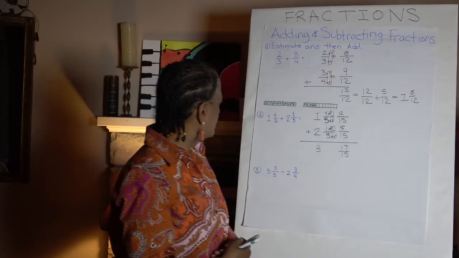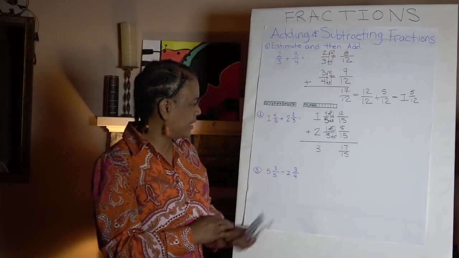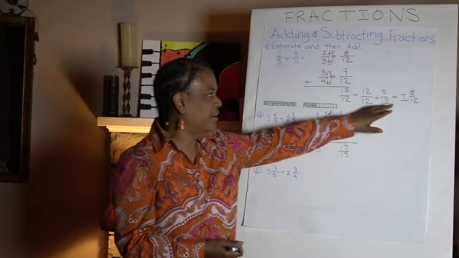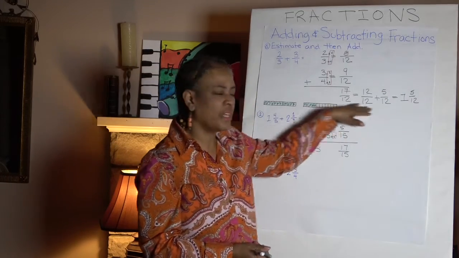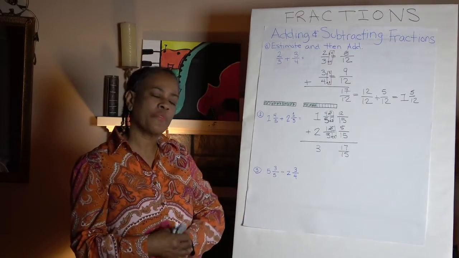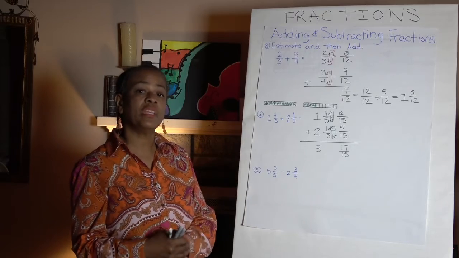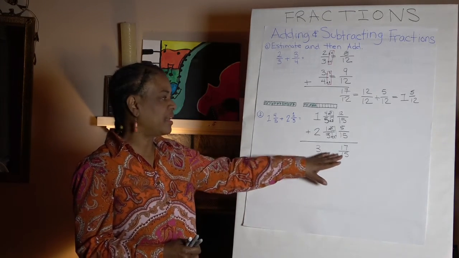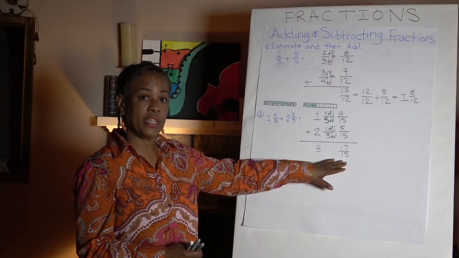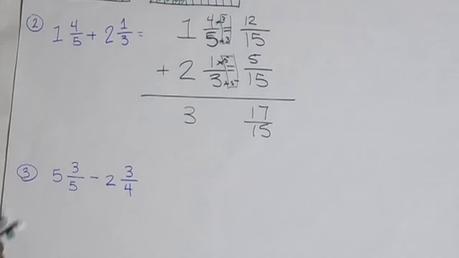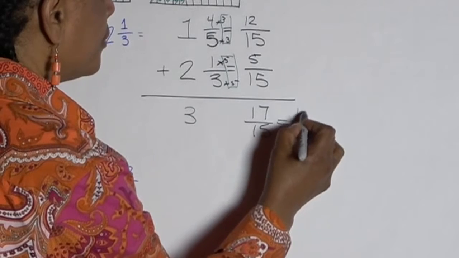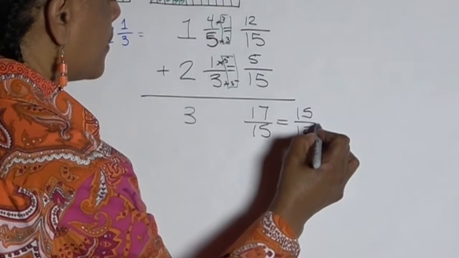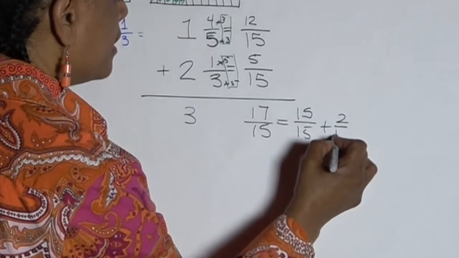Let's see. Okay. So in the same way I did here with the 17 twelfths, with the improper fraction, I'm going to do here 17 fifteenths, right? So I already have 3 wholes, and then I have another 15 fifteenths here. So that makes another whole. So that is equal to 15 fifteenths plus 2 fifteenths.